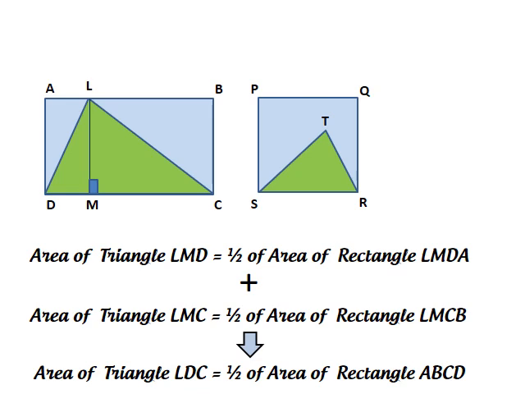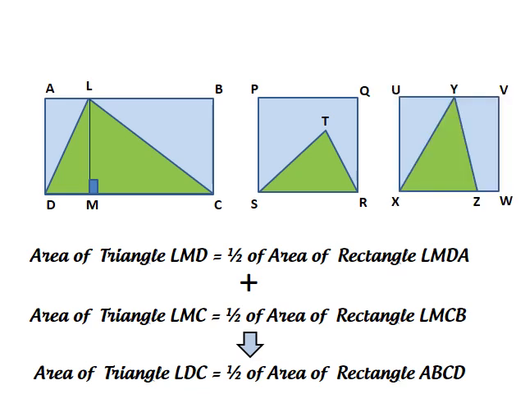So in this case, in the triangle PTSR, it won't be because T doesn't lie on PQ. And in the case of triangle XYZ, again it won't be half of rectangle UVWX because the base XZ doesn't coincide with the side XW of the rectangle.